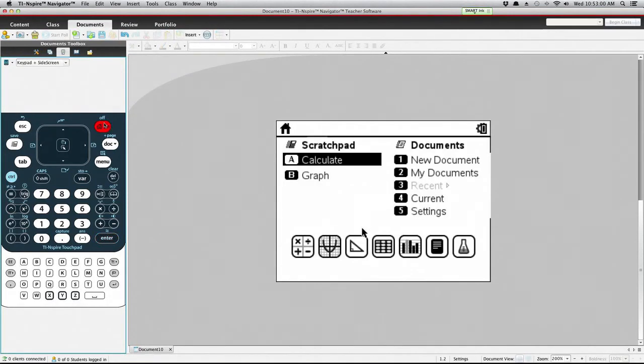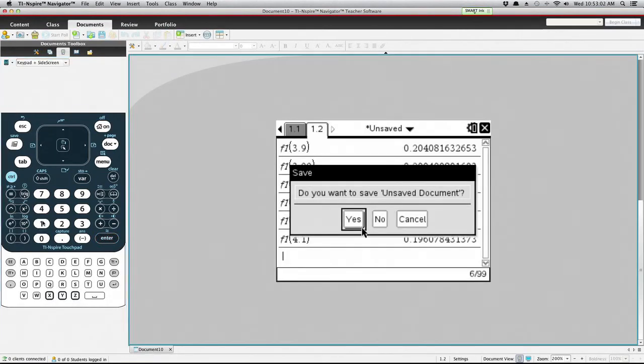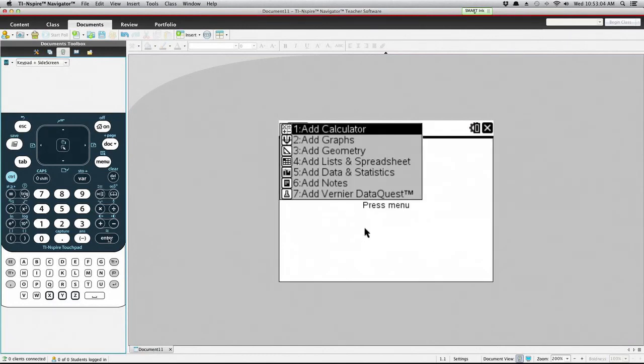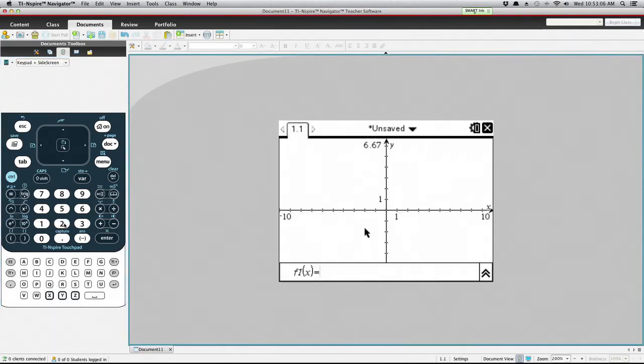All right, so let's go back home. Let's get a new document. We don't want to save it, and we want to add another graph. All right, this time we want to look at the limit as x approaches 0 of sine of 10x over x.